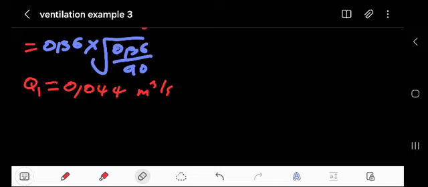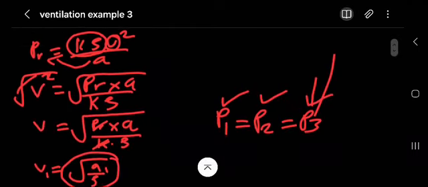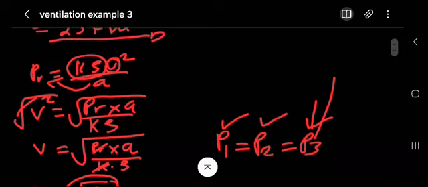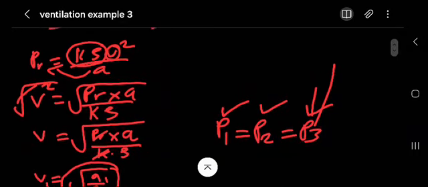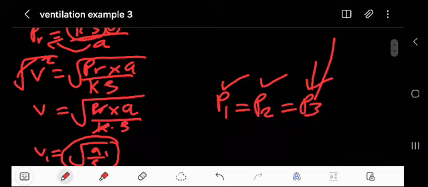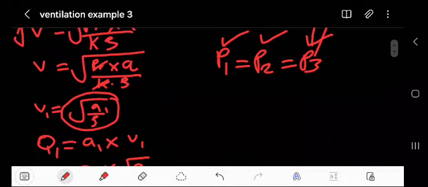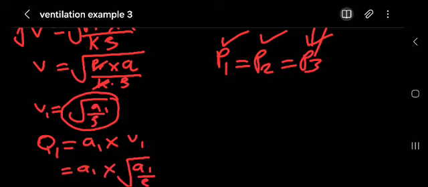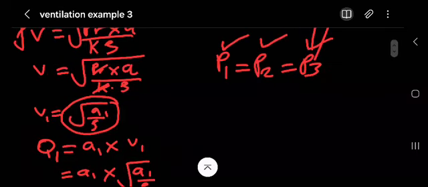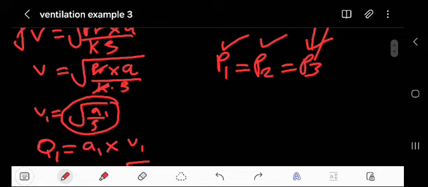We want Q2, right? So the same formula will apply. I've manipulated this formula, remember here. So I can simply change the value. I can say 2 now. Remember that one was 1. Now I can say V2, then multiply by area 2.